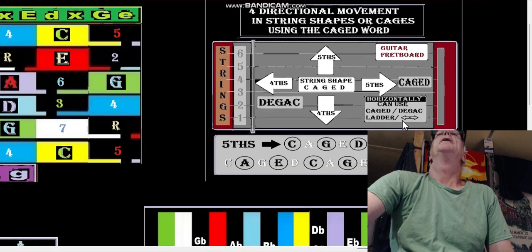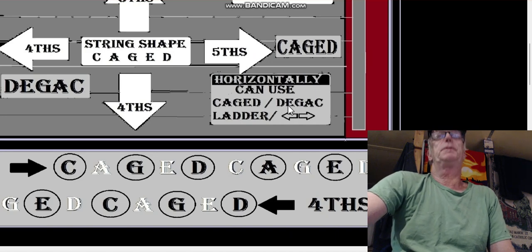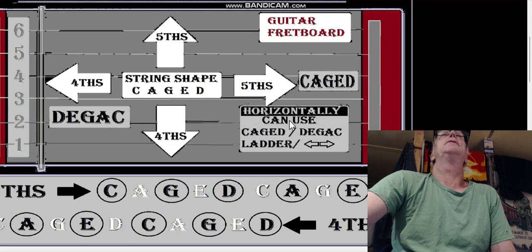Horizontally, going to the right as you're playing is the CAGED. Now I don't understand why this says horizontally can use CAGED or this. So that's wrong. I'm not sure what I meant there with that little diagram.